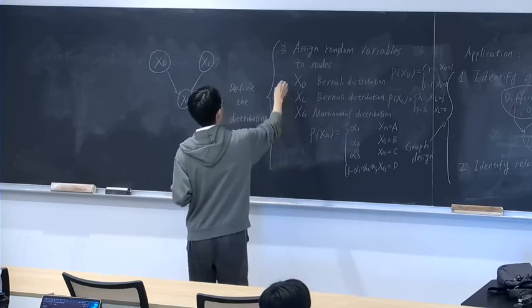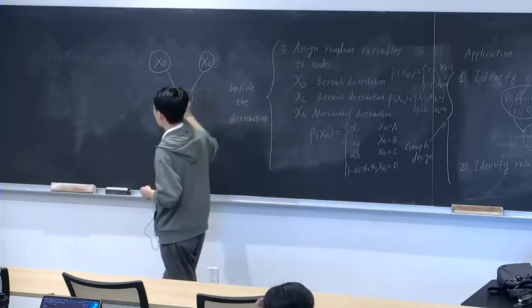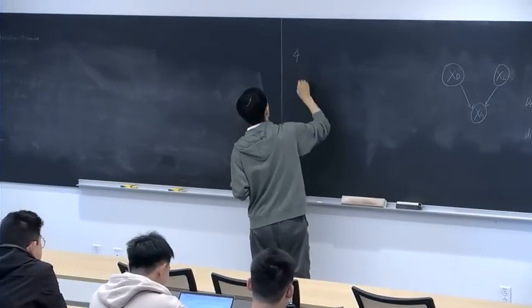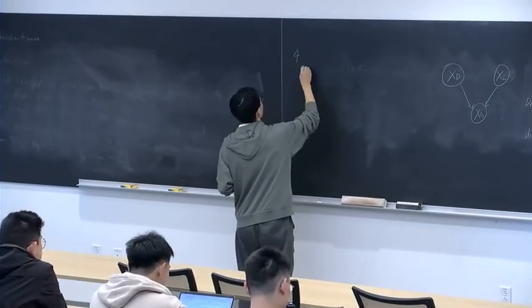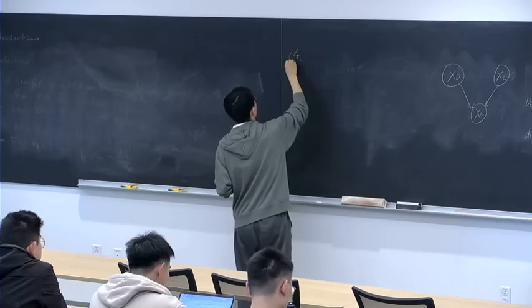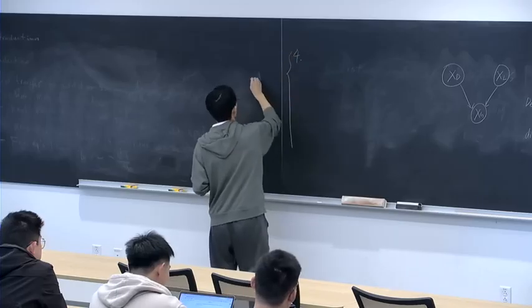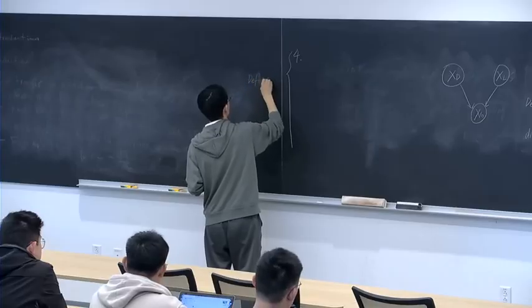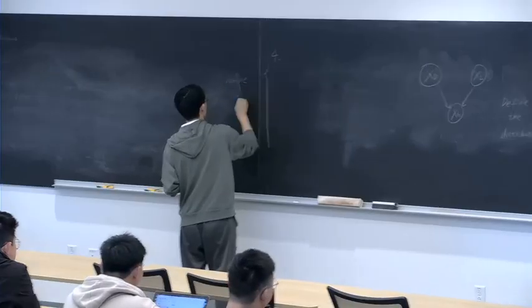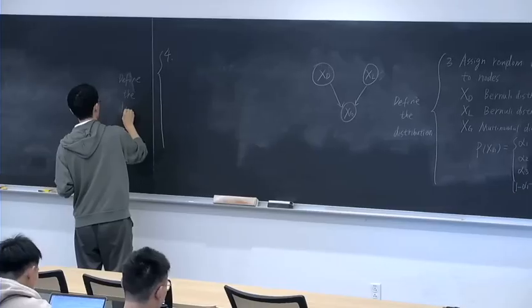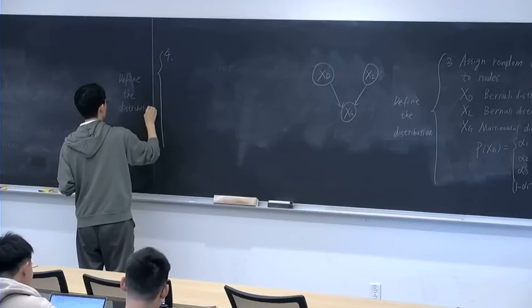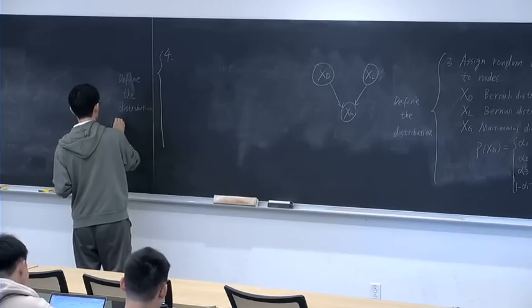After the third step, we get a graph of random variables. Then the fourth step is still about defining the distribution.